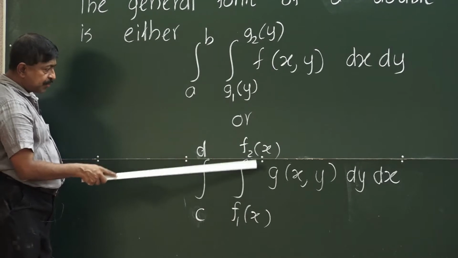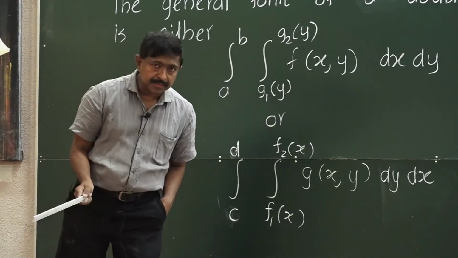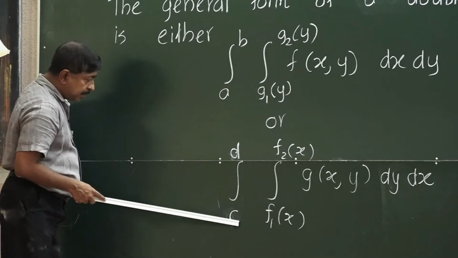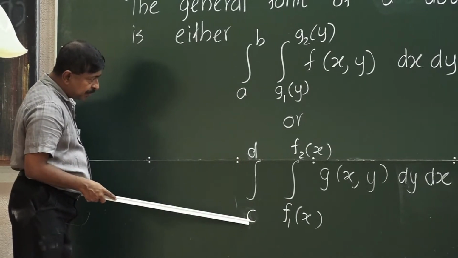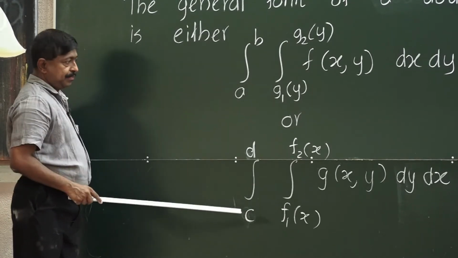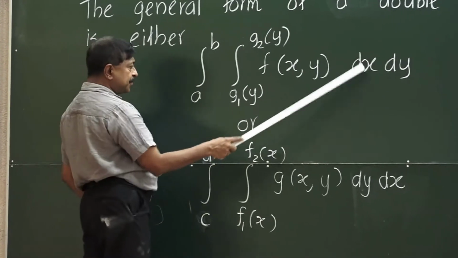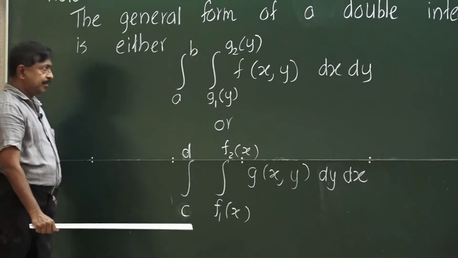You may have functions of x here. Sometimes you may have constants, right. And in the last one, of course, here it appears as the first one, you have constants, right. This is the type when x comes first, and this is the type when y comes first.